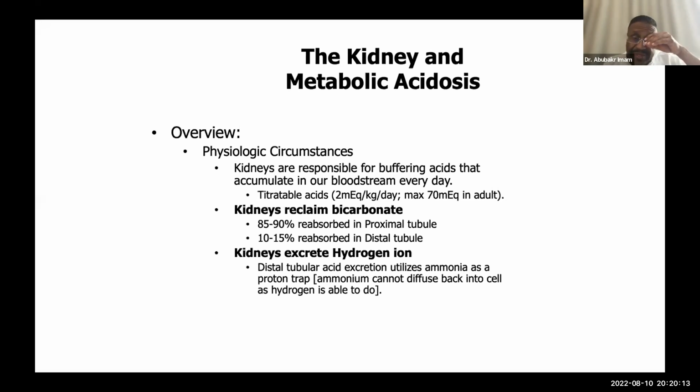For children, it could be even higher depending on their metabolic rate, which determines the amount of acid load that comes into the system. Then it is the responsibility of the kidney to excrete it in the distal nephron. In adults, growth is mostly done, so they have almost 1 milliequivalent per kilogram per day.